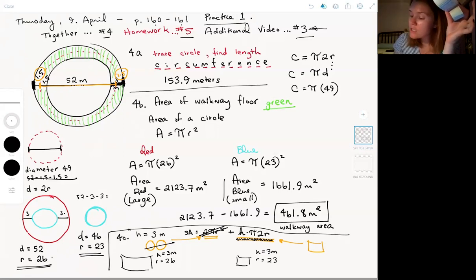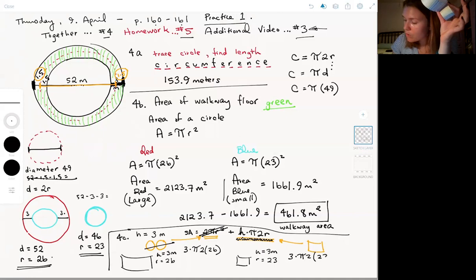So now I just need to substitute my values. Height is 3 times pi 2r. Again, I'm getting that equation from right here.